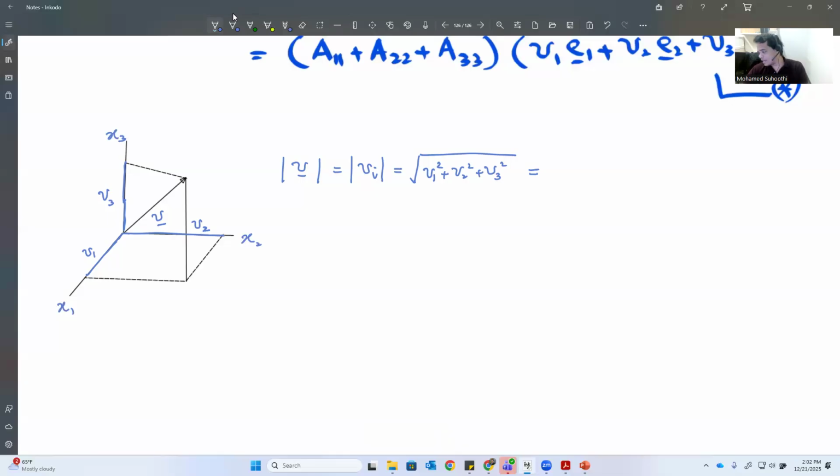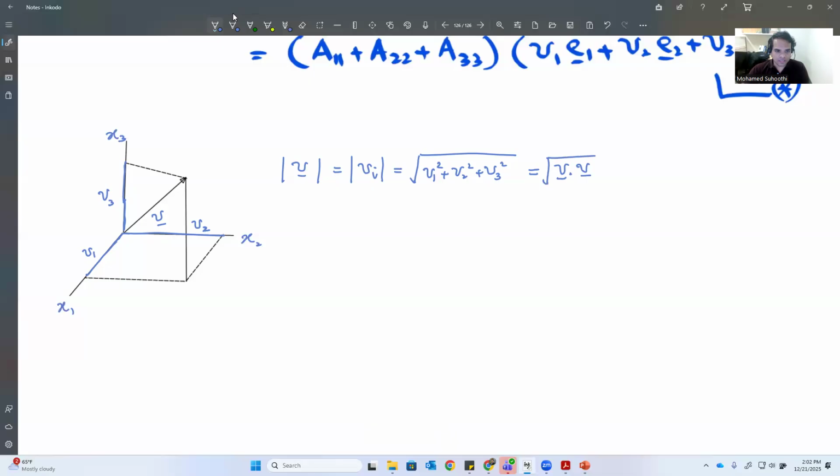you can write it this way. It is kind of a dot product. You can write this as V vector dot with V vector.